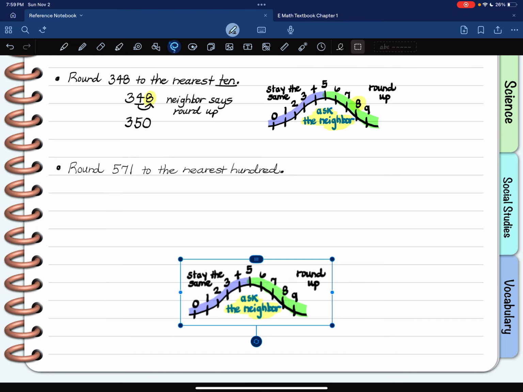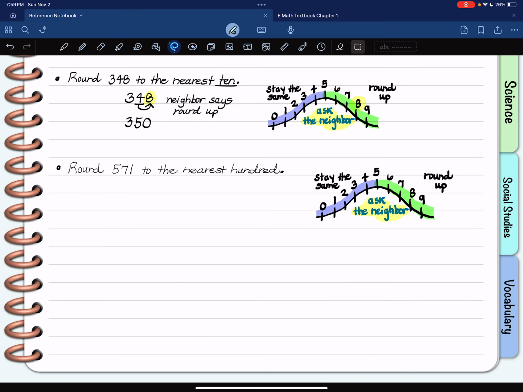So here's the method we've been using, where we write our number. Nothing's changed. Nothing ever will change. Doesn't matter how big the numbers get, whether you're doing decimals, it doesn't matter. It will always follow this rule. So 571 is our number, and we want to go to the hundreds place.